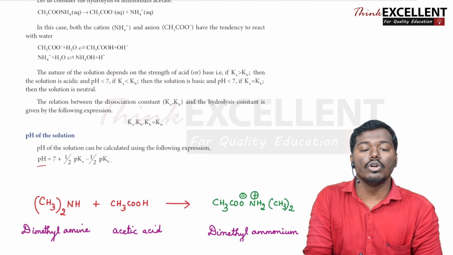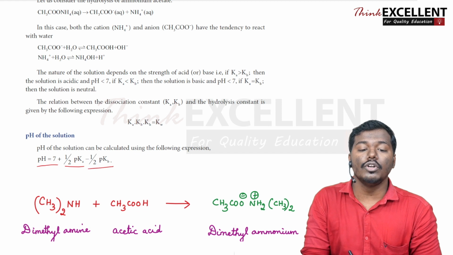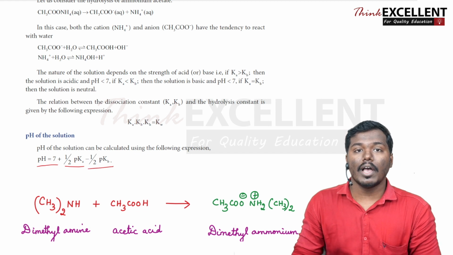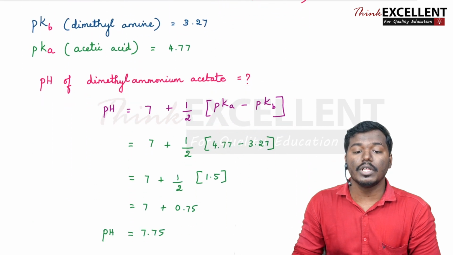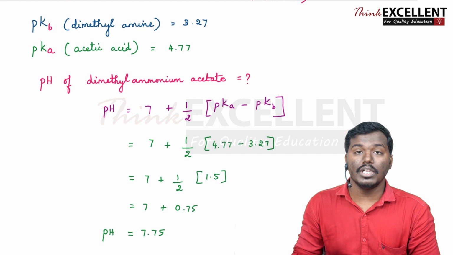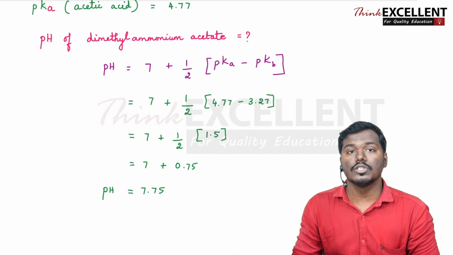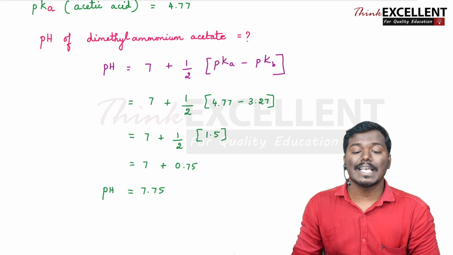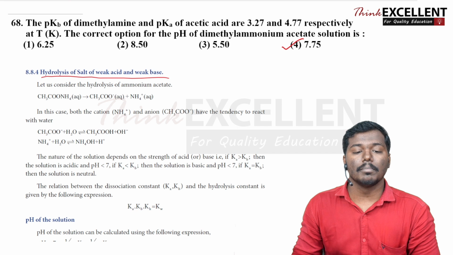So pH is equal to 7 plus half into pKa minus half into pKb. The pKa value is given, the pKb value is given. So we can substitute in this equation: 7 plus half into pKa is 4.77 minus pKb is 3.27. When you substitute it, you will get the pH of the salt solution which is formed, it is 7.75. Okay, so next we are going to see question number 69.